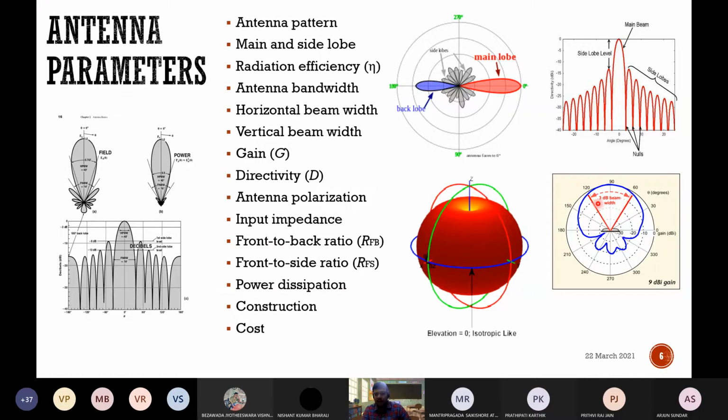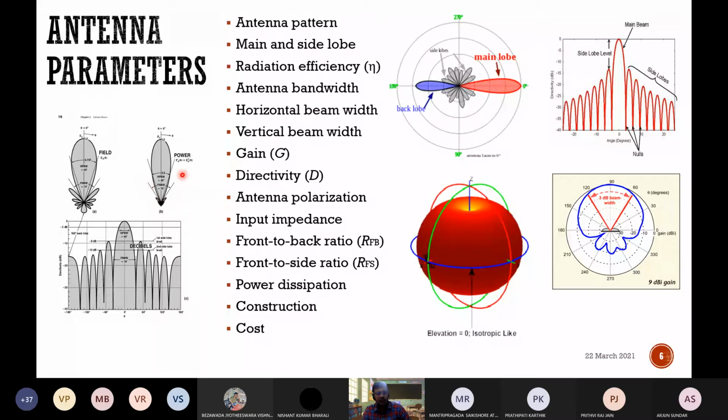Similar to the 3 dB bandwidth in amplifiers, here we have the 3 dB beam width. We take the half power points: where the highest value of the power is 1, you note down the half power points, and the angle between those two is the half power beam width.